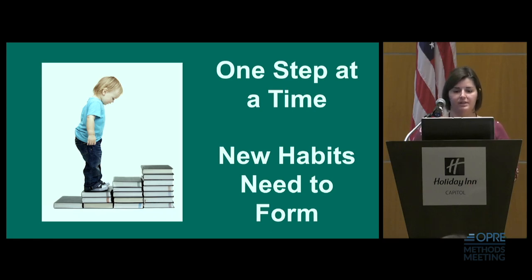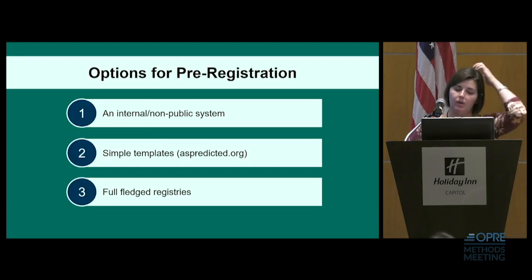So we start out with something that sounds relatively simple, make a plan and declare it ahead of time, and then it turns out that there are many, many possible ways to make that plan. But we shouldn't become overwhelmed because we can build on our existing good habits.